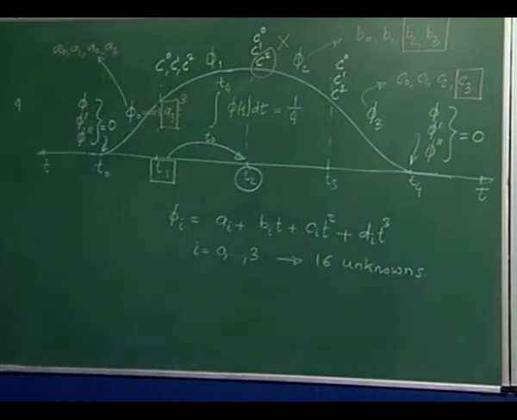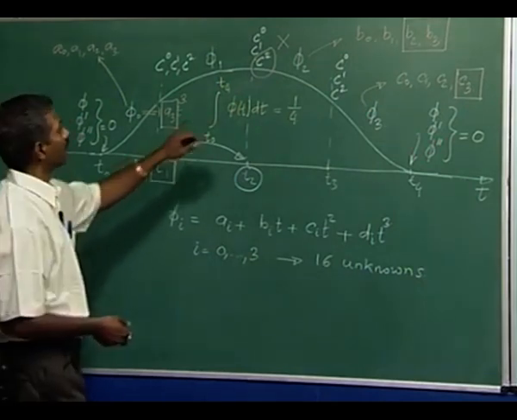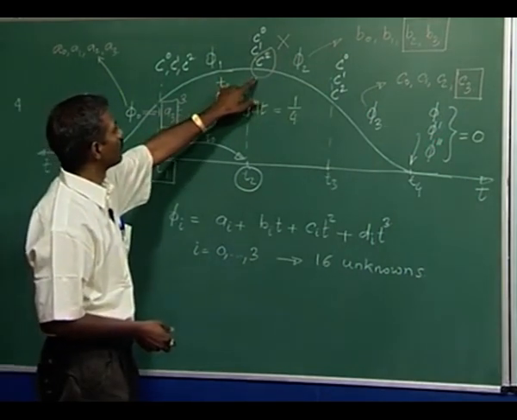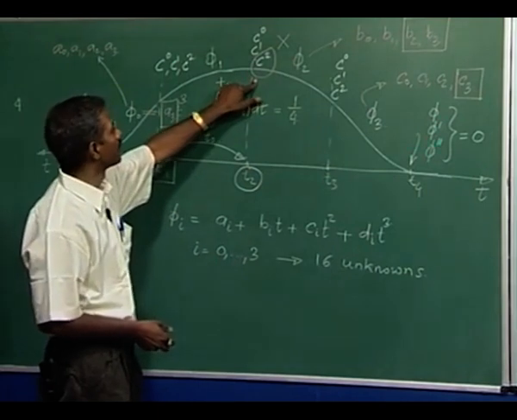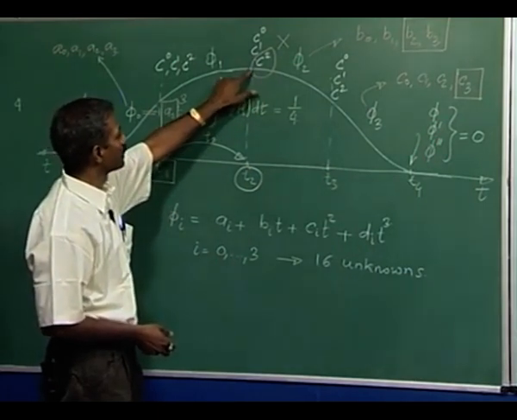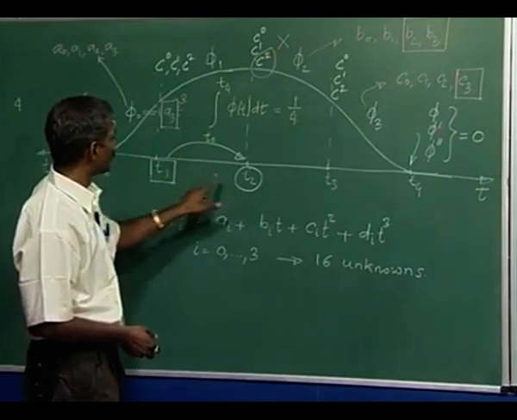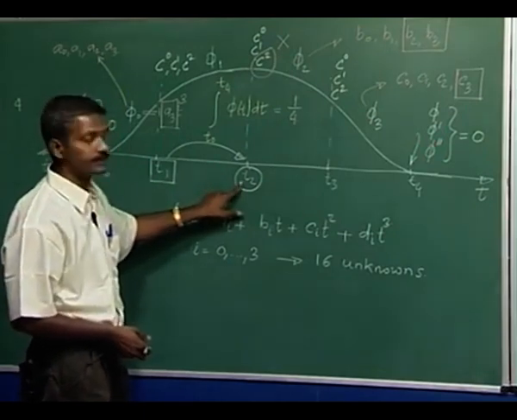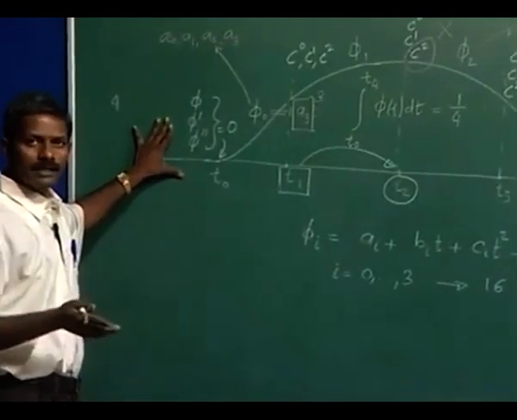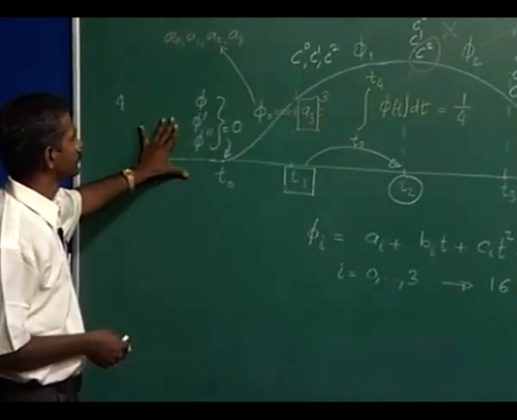Now the question you would want to ask yourself is, why is it that I have decided to let go of the C2 continuity condition at this junction point, where we have knot multiplicity of 2? I'll ask you to keep an open mind here.